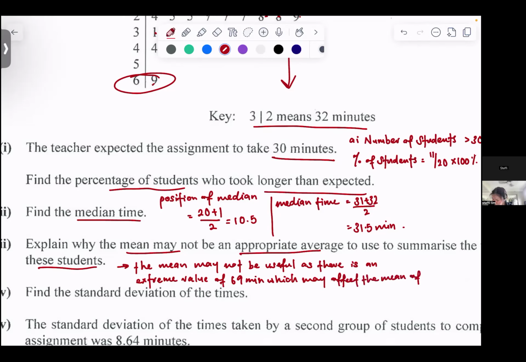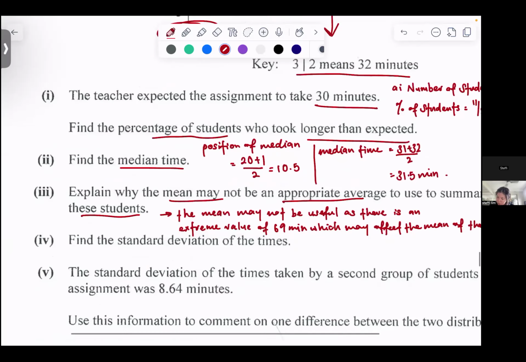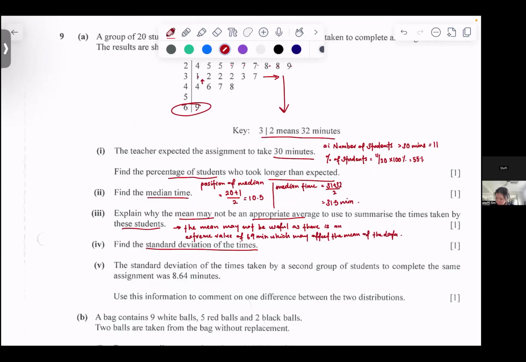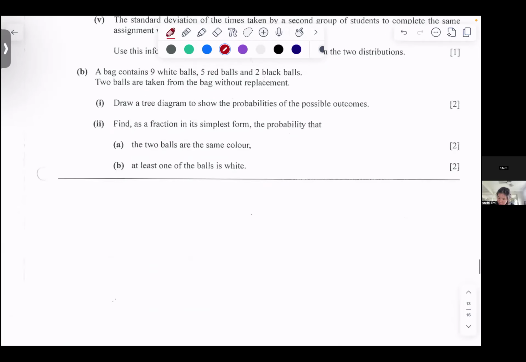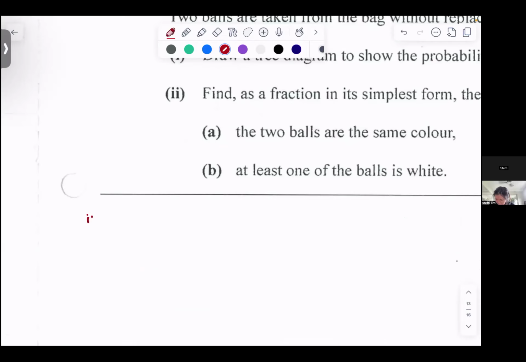Okay, and then you want to find the standard deviation of the times, right? 1 mark, very, very brutal. Okay, I'm going to write it here. So standard deviation, how do I find it? It's the root of my variance, right? And variance, how do I find it?